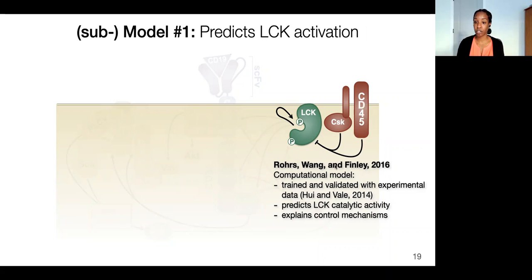And so we put together a sort of minimal model of this using some data from Ronald Vale's group that was published in 2014. We were able to predict the LCK catalytic activity, which hadn't been measured experimentally, and also provide some explanation about how its catalytic activity is controlled. And so that's the very first submodel that we published a few years ago.